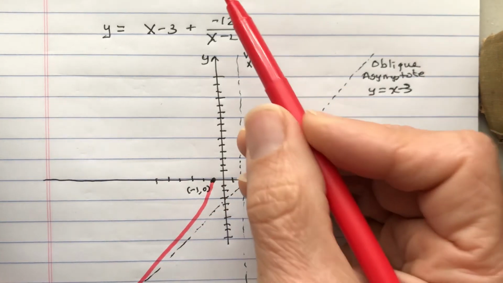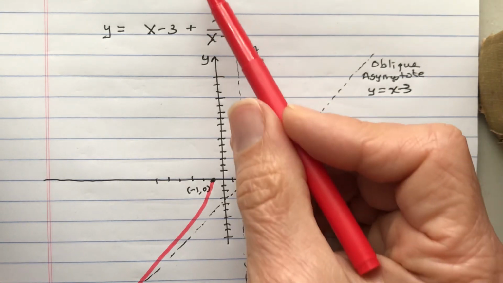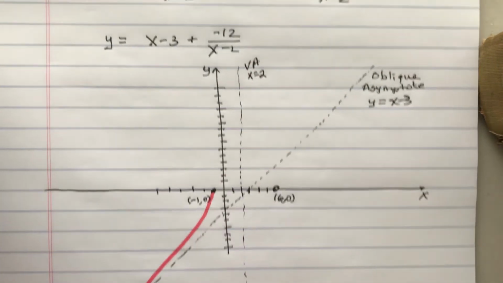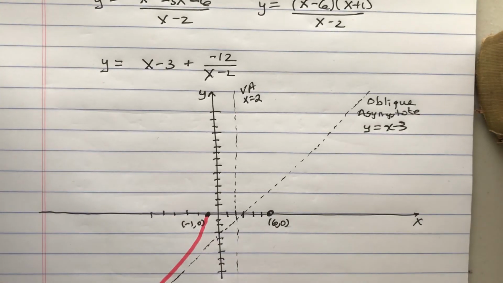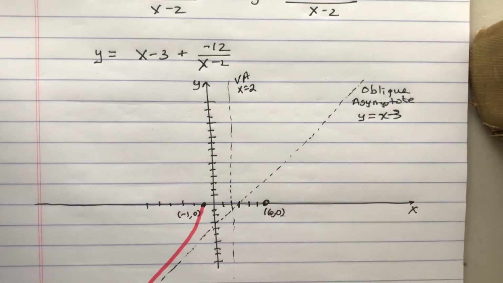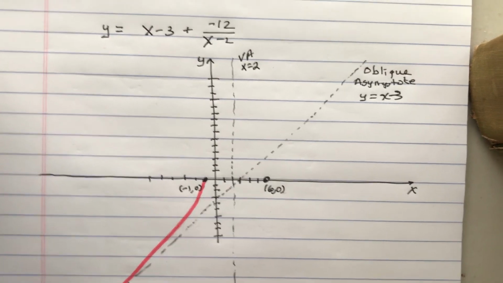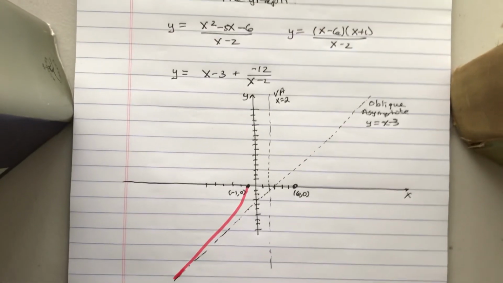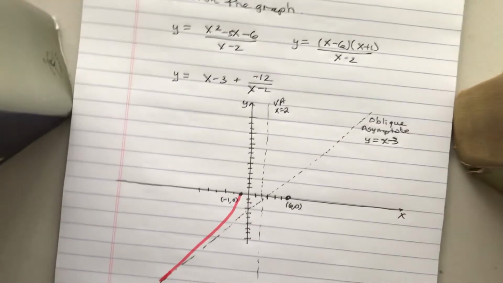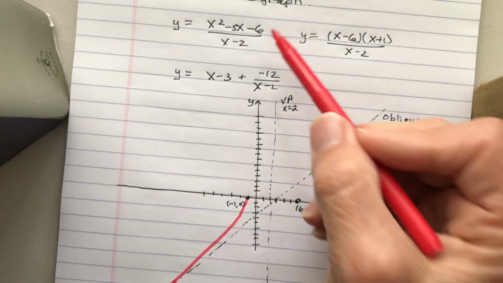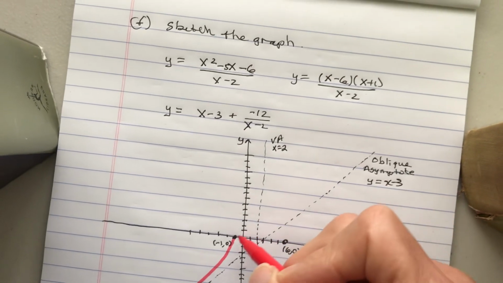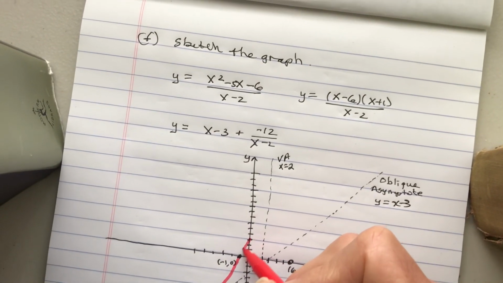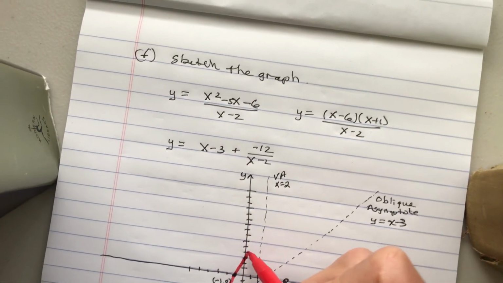And then somewhere along the way, we determined that the y-intercept is 3. Negative 6 over negative 2 is 3. So I will put that there. You can always plot some points, but you have to see what's going on.